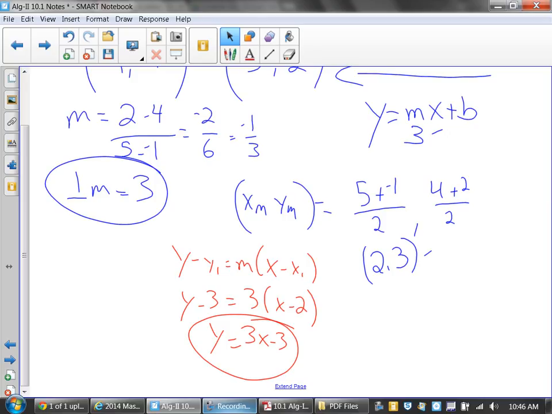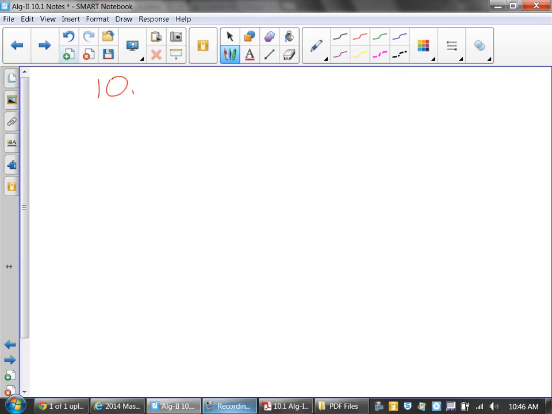Let me give you guys a couple of problems to do. This is section 10.1. It's on page 539.